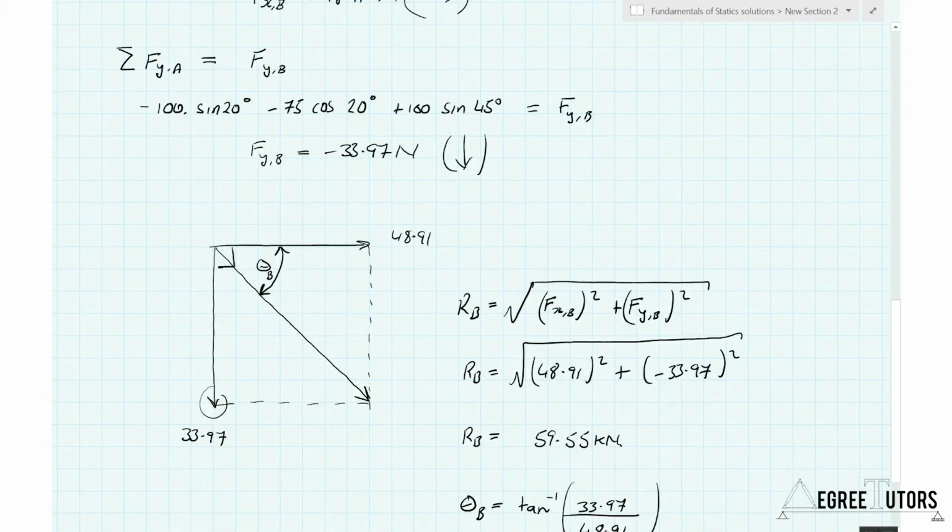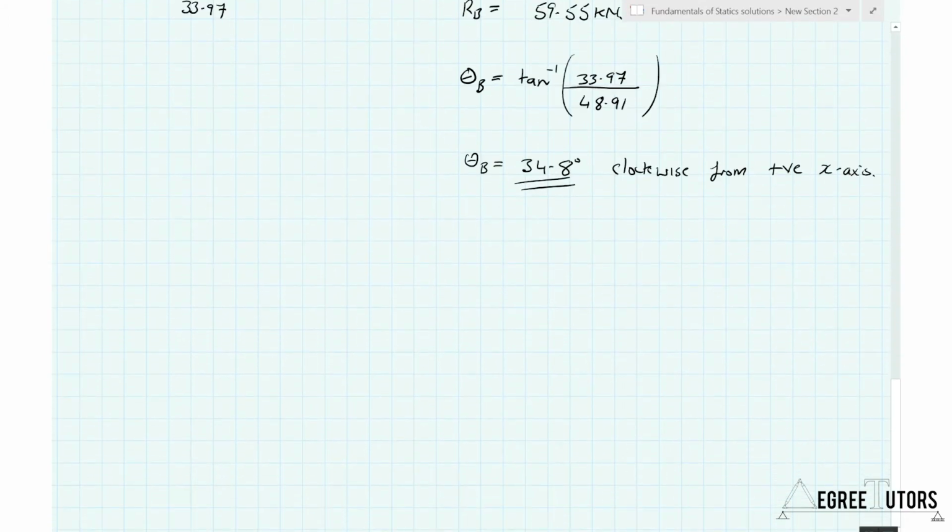So following exactly the same procedure that we've used for forces, we can say that the sum of the moments for system A is going to equal the equivalent moment in system B. Excellent. So let's take moments about the origin.